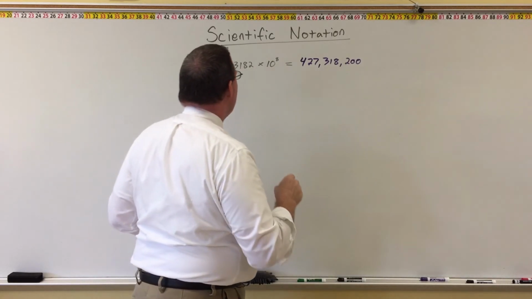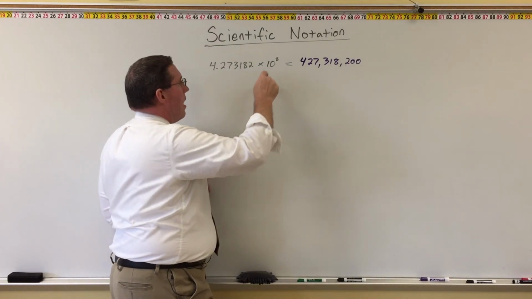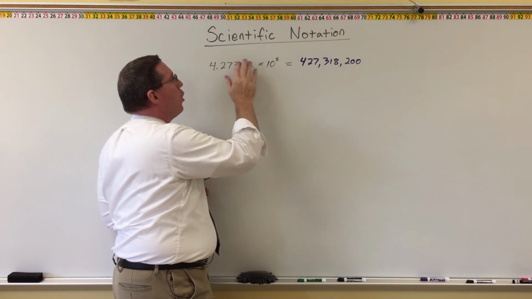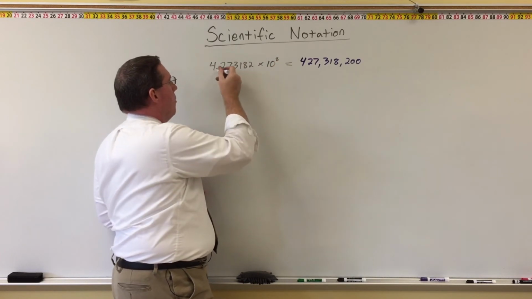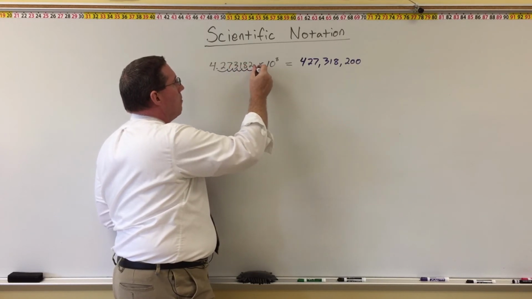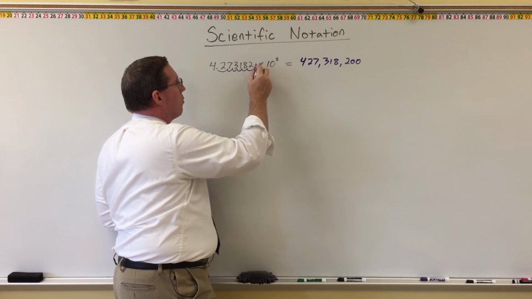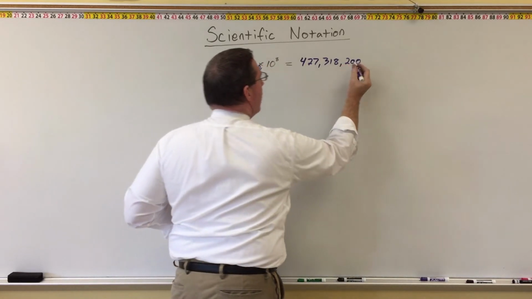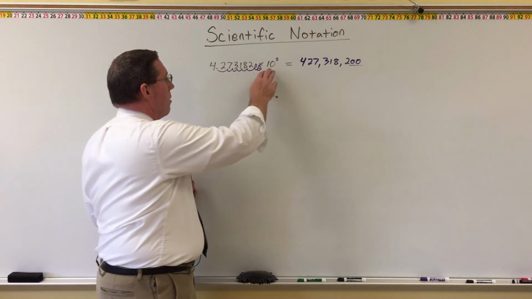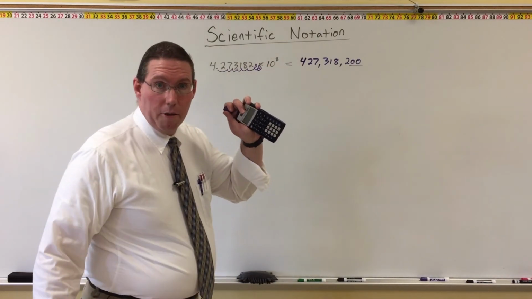And what's going on here is the 8 indicates that the decimal point was moved over 8 times. It went 1, 2, 3, 4, 5, 6, and now to move it over 2 more places, we have to throw in 2 zeros. That accounts for these 2 zeros over here. Okay? So this number times 10 to the 8th, I was able to just do it in the calculator.